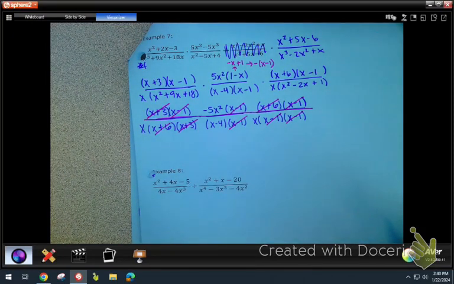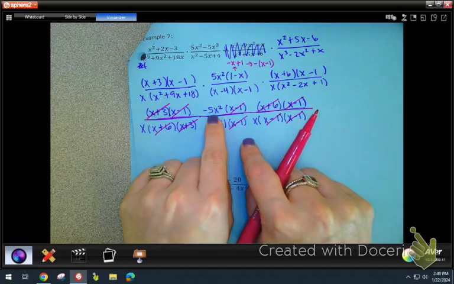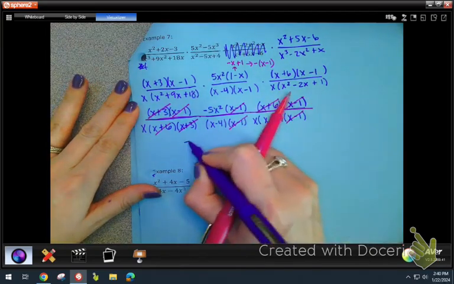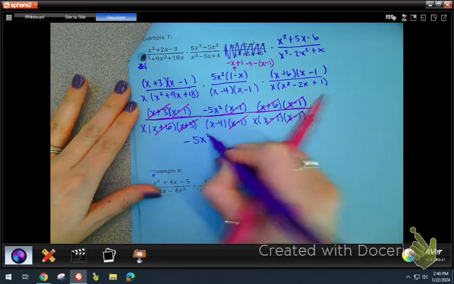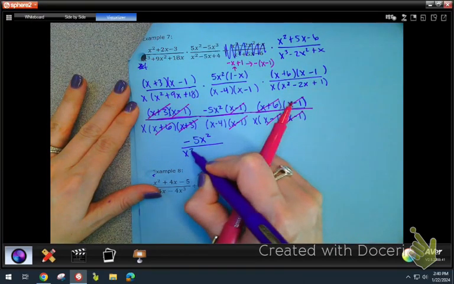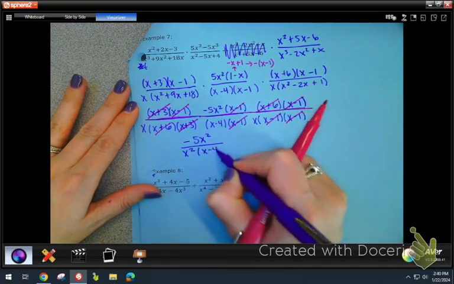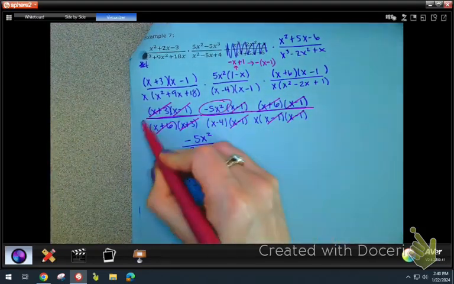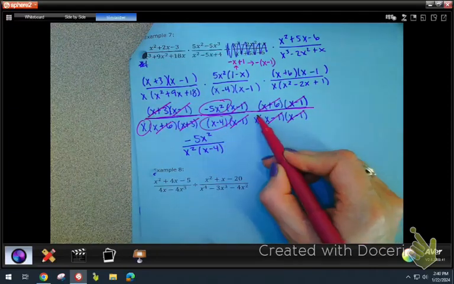Okay, all right, look right here. This negative 5, I'm going to do this in 2 steps so that way you don't get too confused, but you can do it in one. Negative 5x squared over x squared times x minus 4. I'm doing this in 2 steps just so you can kind of see it. So this is left, this is left, this is left, and this is left.